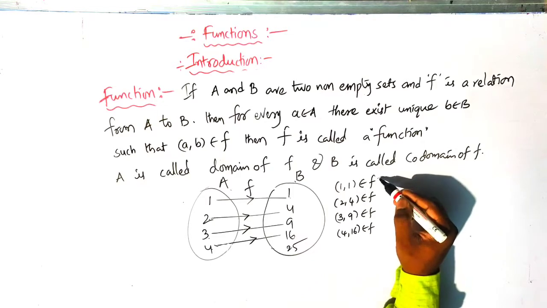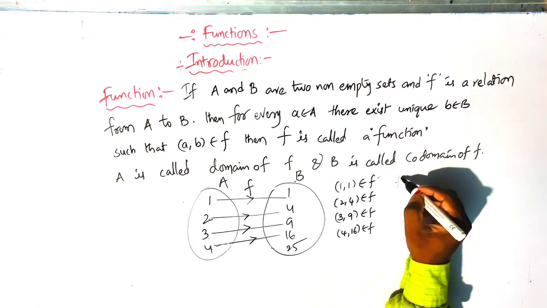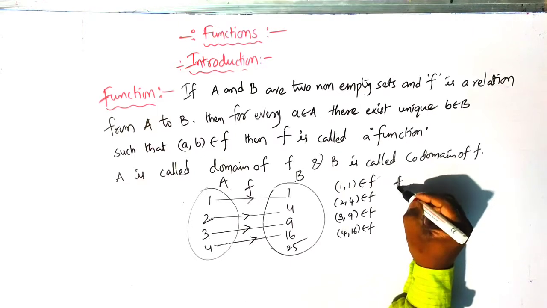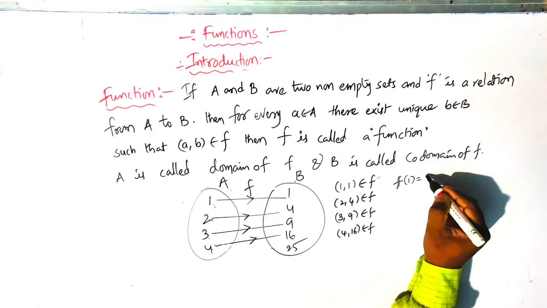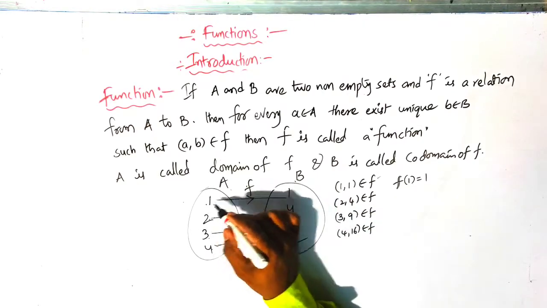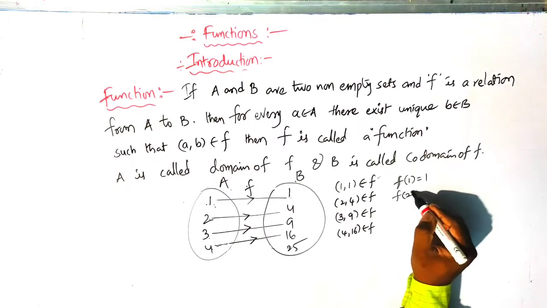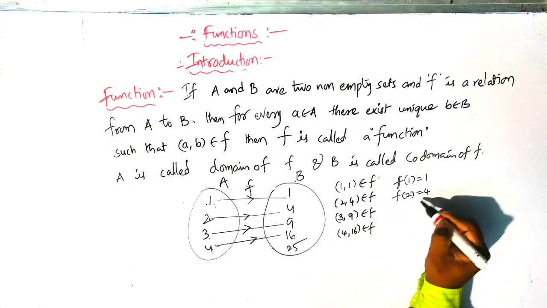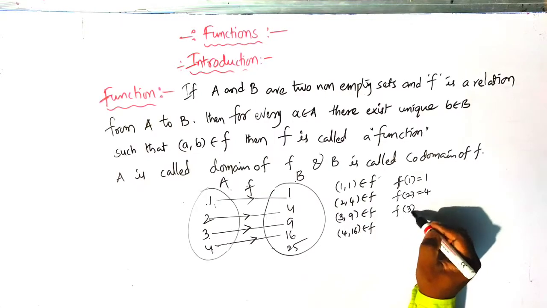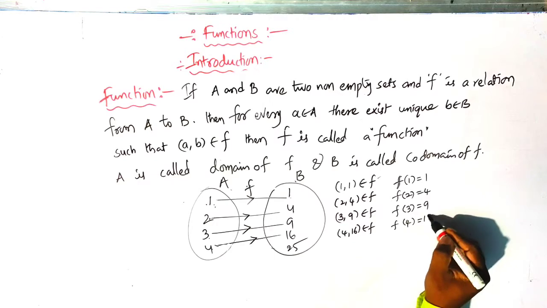So here we have to write it like this: f of 1 is equal to 1, f of 2 is 4, f of 3 is equal to 9, f of 4 is equal to 16.